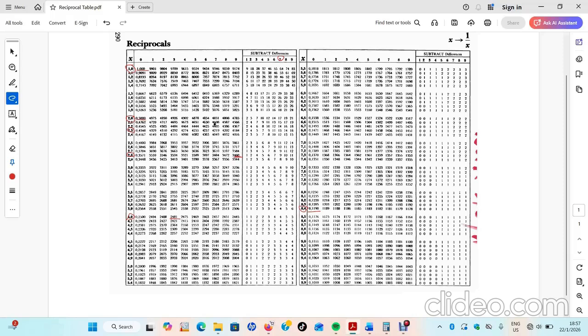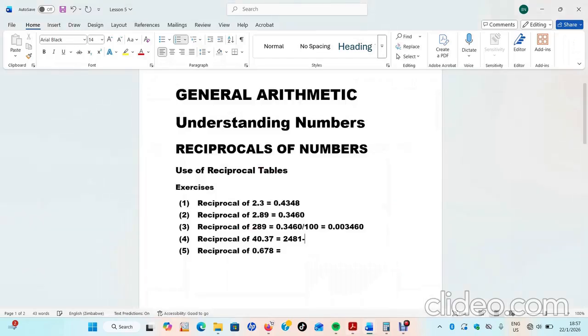We go down and read off the number that coincides with the 4,0. It's a 4. You can see there it says you must subtract differences. We need to subtract that 4 from the number we jotted down before. So we have 2481 minus 4, which is 2477.